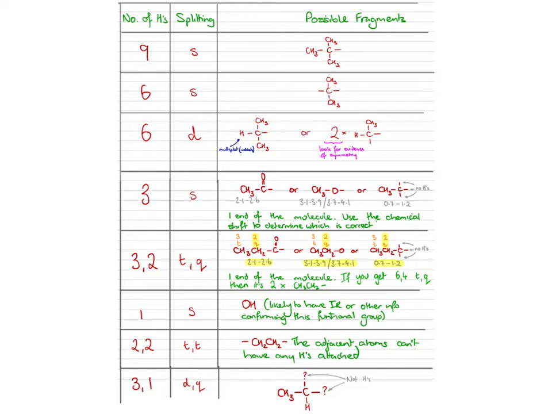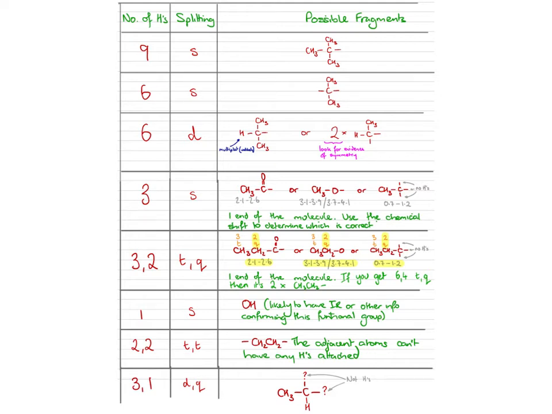If you know that you've got an OH, you can identify the OH signal very quickly, because you will have a singlet with an integration value of just 1. So just look for a singlet with an integration value of 1, and you will know that signal is the one for the OH group.